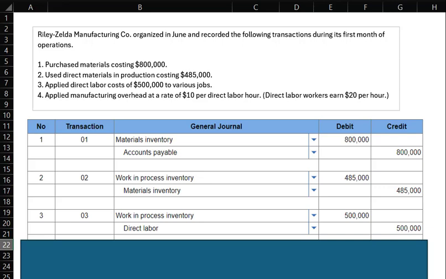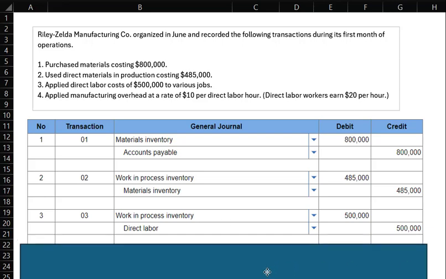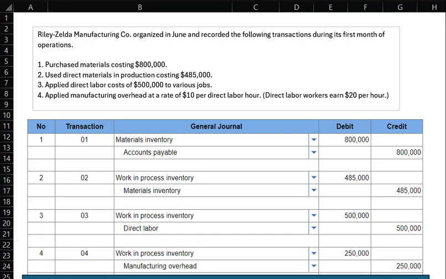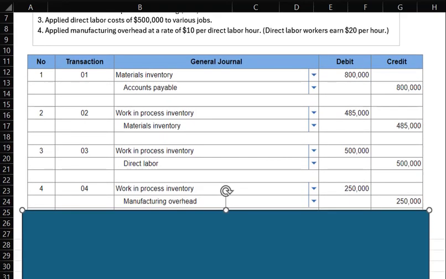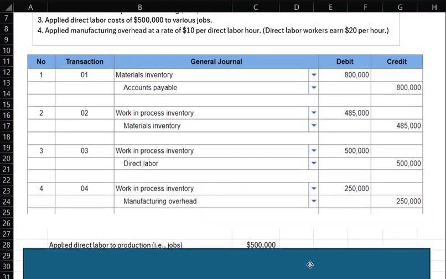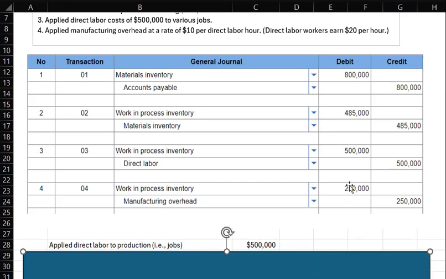Okay, now we go into the fourth entry, which says applied manufacturing overhead at a rate of $10 per direct labor hour, and the direct labor workers earn $20 per hour. Now, I'm going to show you the answer, but you might be confused how we got that answer, so let me show you the logic. What you have to do is say, well, they gave us the $500,000 that was applied to production in the entry before, right?